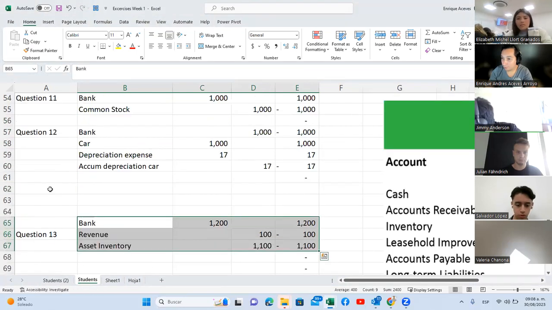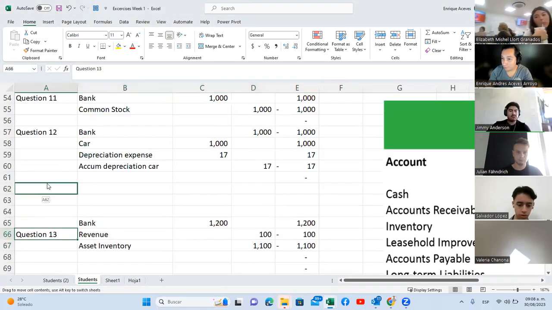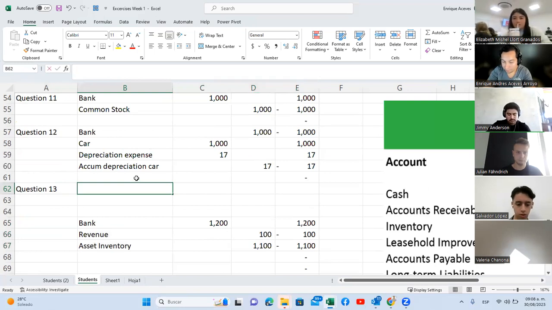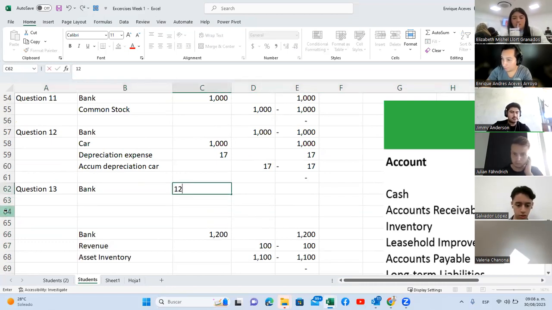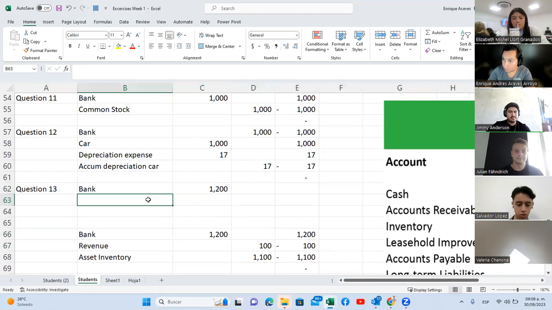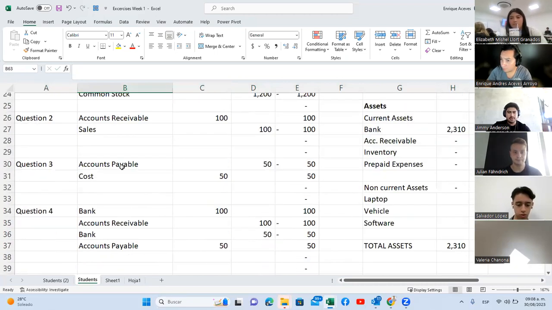Vamos a poner question 13. Es bank, $1,200. Y van a ser income, ¿no? ¿Cómo le estamos poniendo las ventas? Sales.